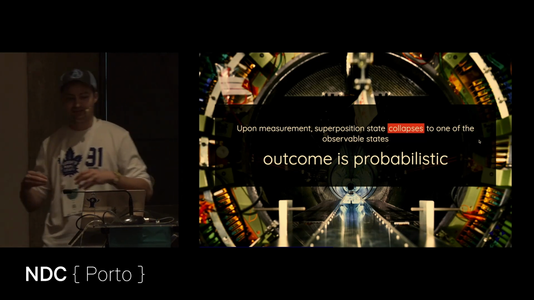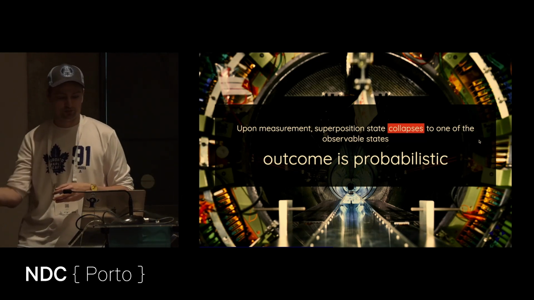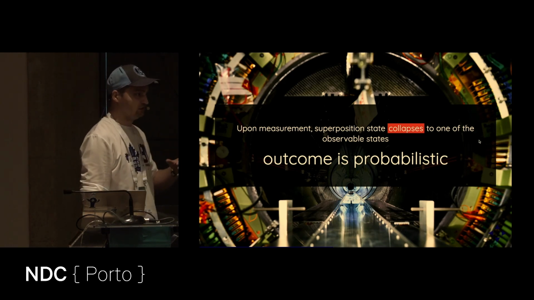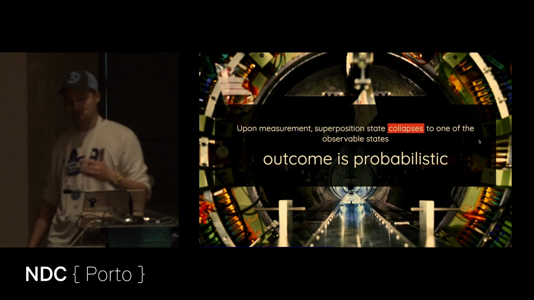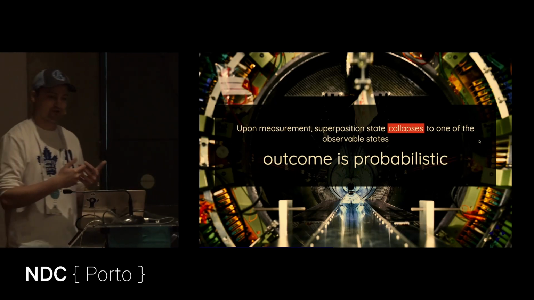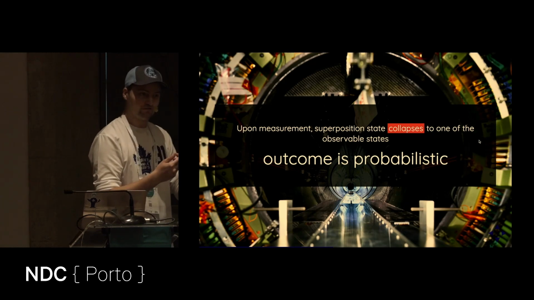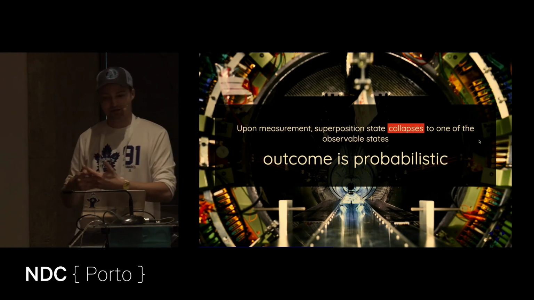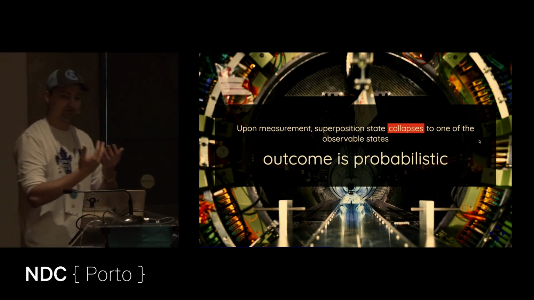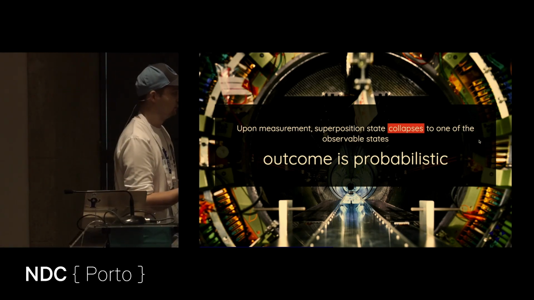So we would say that the superposition state collapses to one of the observable states. And that, I mean, it cannot be emphasized enough, because it is a fundamental quantum doctrine that a measurement of a quantum property does not reveal the value of this property, but instead the value of this property sort of comes into reality as a result of the measurement, right?